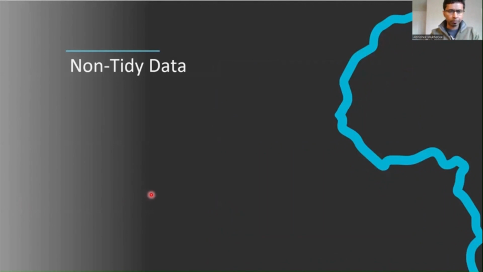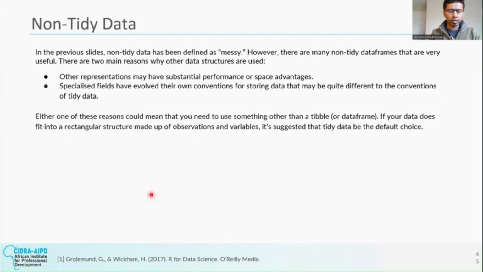Okay, so let's wrap our lecture by just looking at some of the basics of non-tidy data. In our previous slides, we have defined non-tidy data as messy data, but there are many instances where non-tidy data sets are used. One of the main examples of non-tidy data sets are when we are working with text data. Oftentimes, text data is not represented in rectangular format where we can use rows and columns.